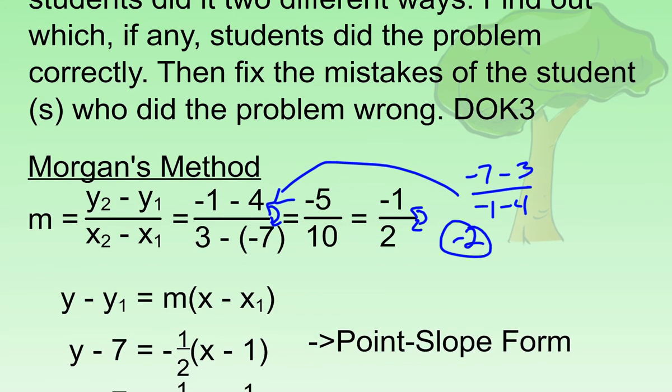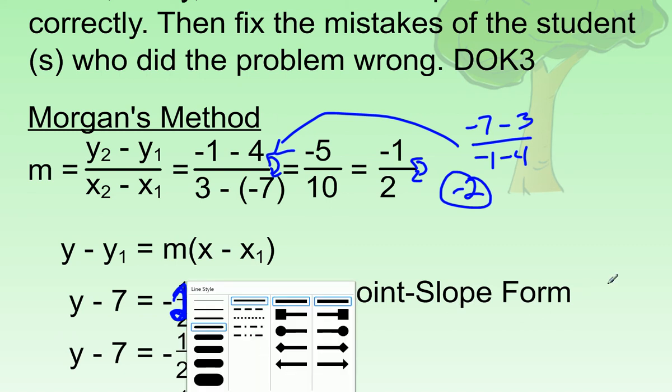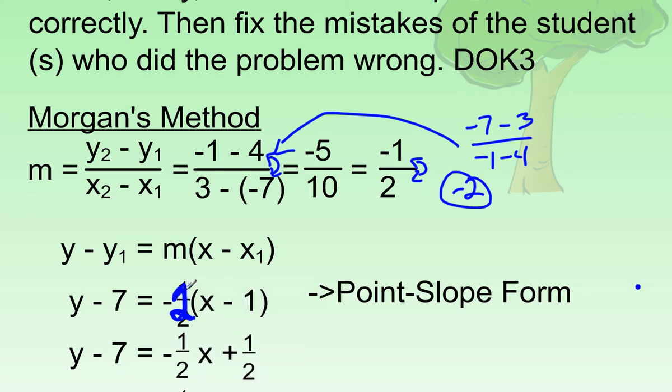Okay, so let's see what else she might have done wrong. So if we imagine, this should be a -2. Let's see, did she plug the right y value in there?